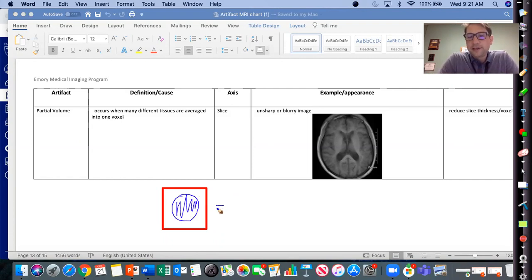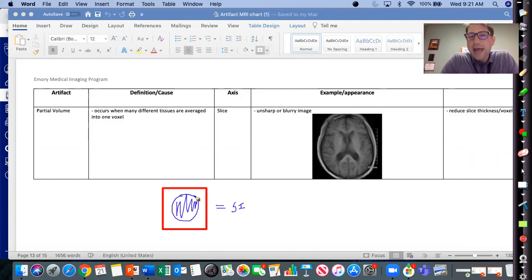So basically, to get a certain signal intensity, we average all the tissues together within that pixel. So your tumor signal intensity will get averaged into the normal brain tissue intensity. So it almost kind of covers up this pathology because these tissues all get averaged together.